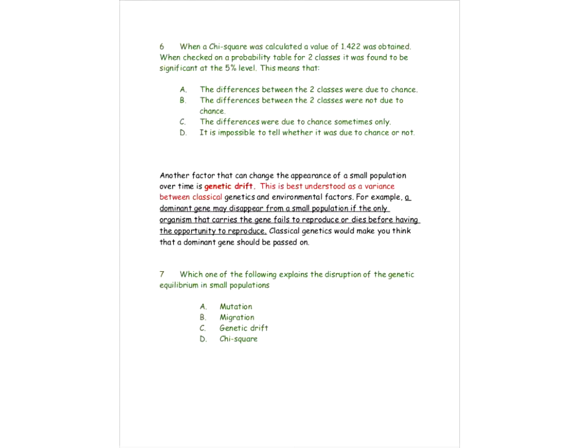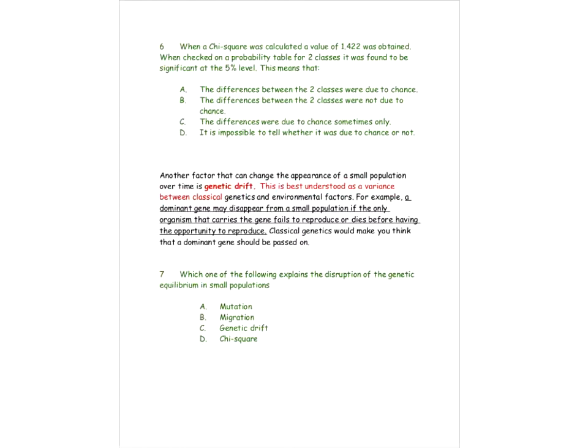Okay, so what does that mean then if we found the results to be significant? Which of those answers would be correct? That's right, it's not due to chance. Okay, good stuff. So we'll go on to the next concept here.